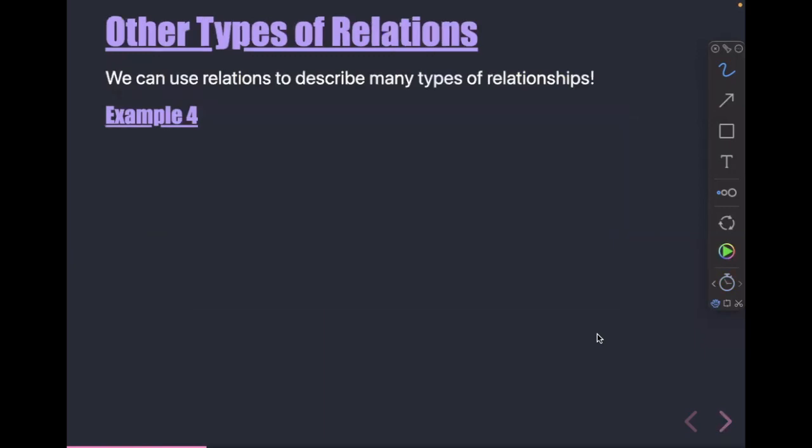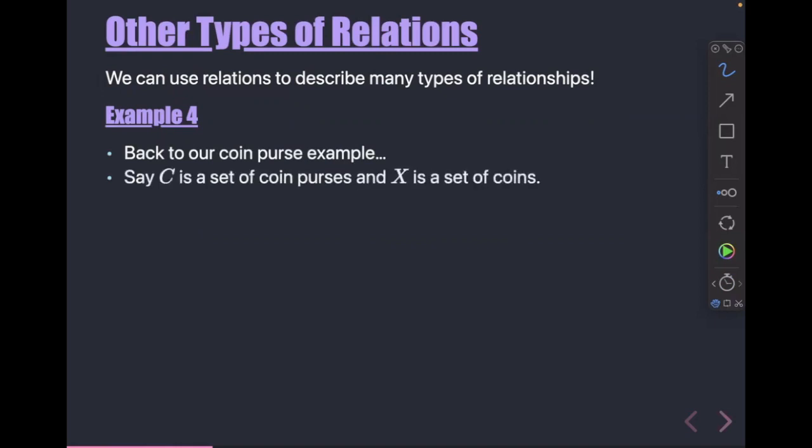And so we can use relations to describe many different types of relationships. Right now I was just showing a less than relationship, but let's go back to our coin purse example. Remember that we had this set C of coin purses, from the practice problem I did last week.